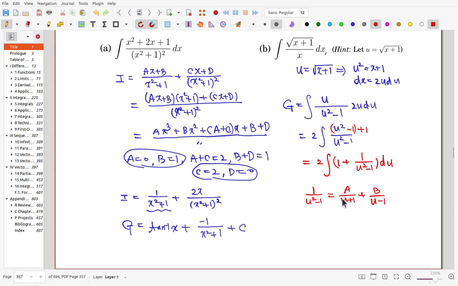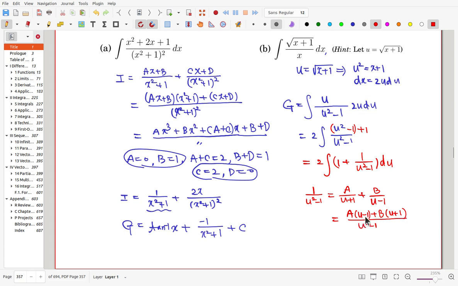Now we have to decide a and b. So with u² − 1 on the bottom, the top is a(u − 1) + b(u + 1), right?